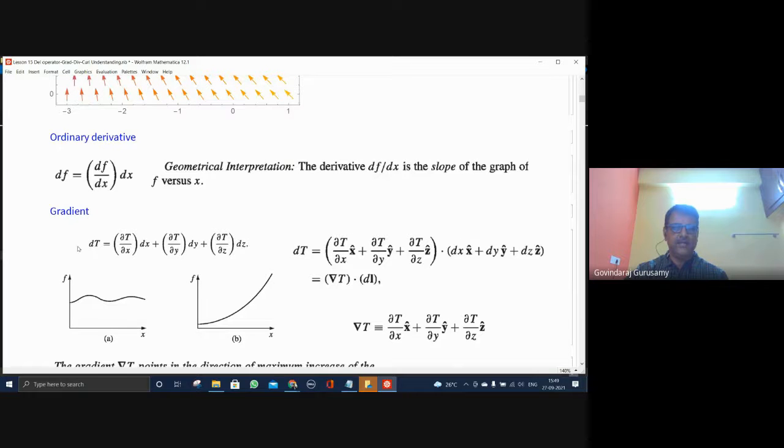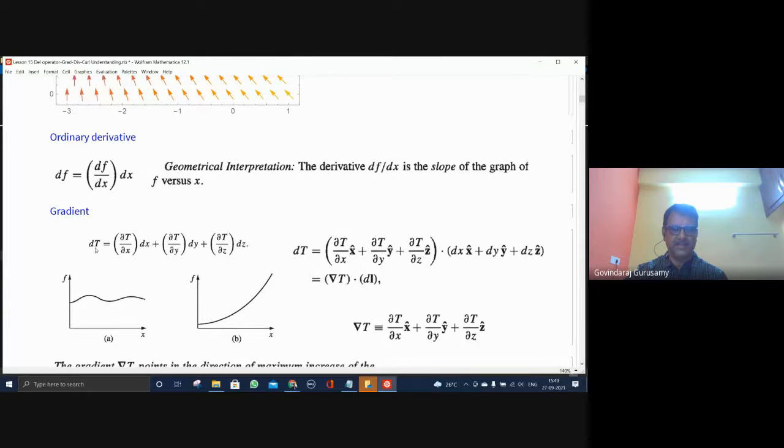Then, when you have this in 3 dimensions, this is what you have. Because it's a function of x, y, z, we make it a partial derivative. In 1 dimension, we just take df by dx, whereas here ∂T/∂x, ∂T/∂y, ∂T/∂z, with dx, dy, dz being the change along the r vector (x, y, z).